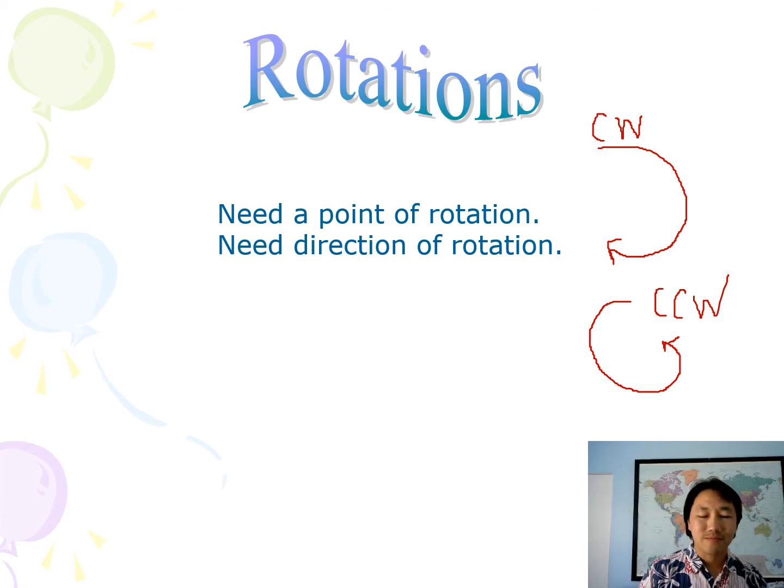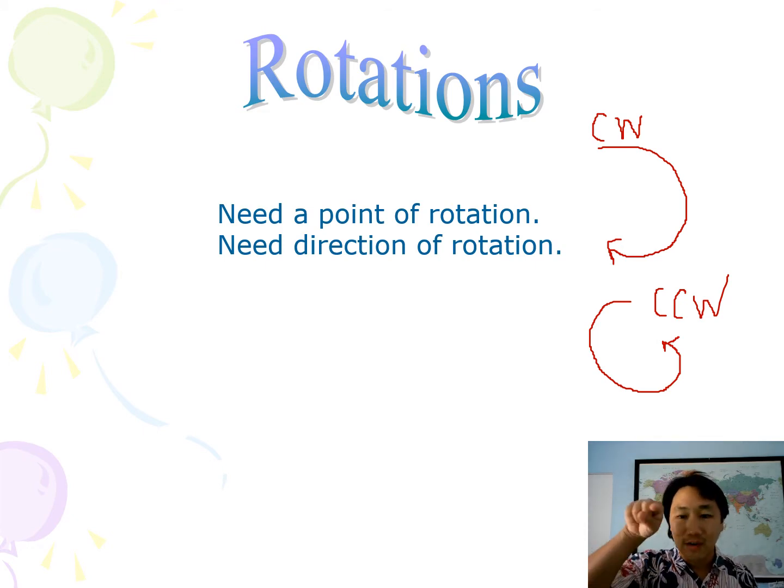All right. So you guys have to think about like an analog clock where it's just a regular clock with lines. With like the minute hand and the second hand and the hour hand. And then the very center of the clock is the point of rotation.